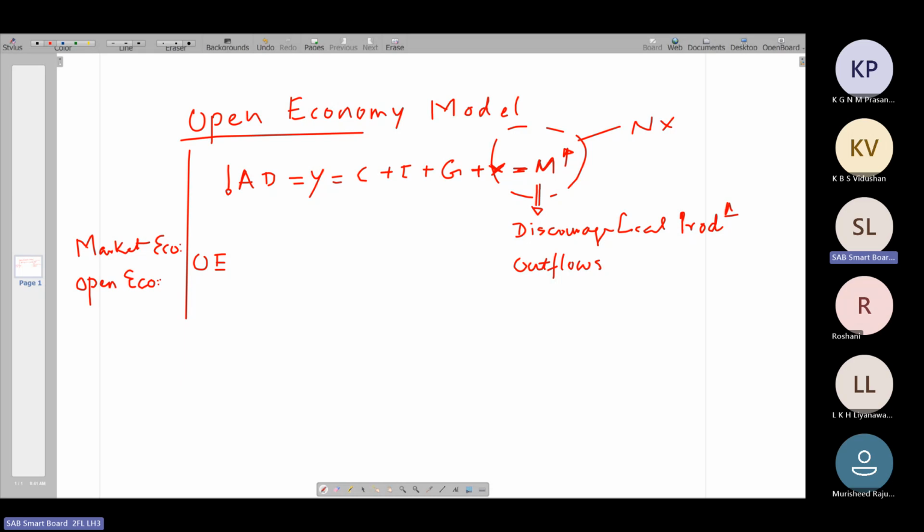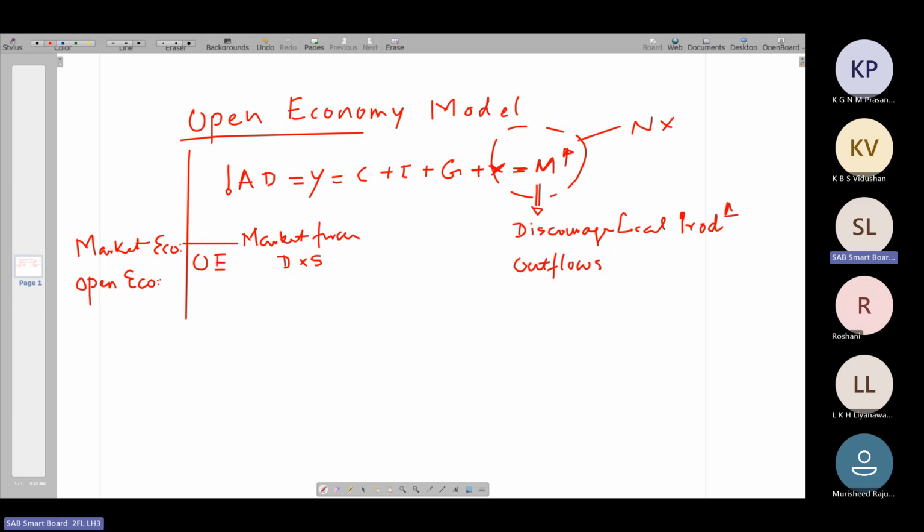So that's the market economy, because without any government intervention there are pure market forces operating. Free market means market forces operate. Those are the invisible hands we identified, demand and supply forces without any government intervention, and resource allocation is done according to the market forces.